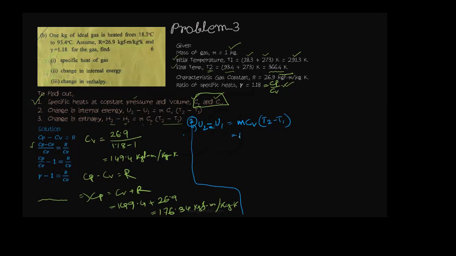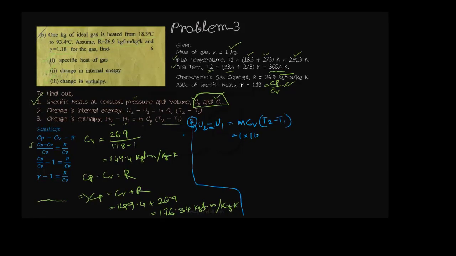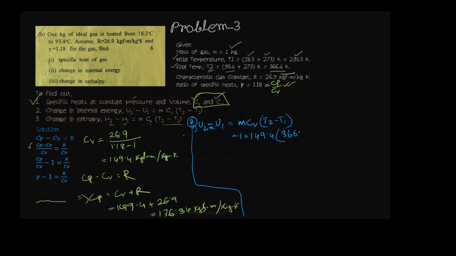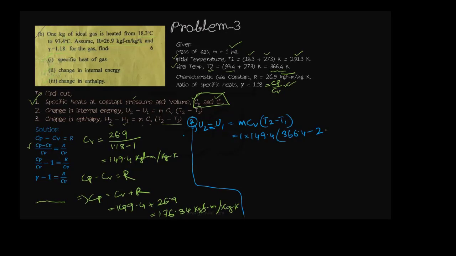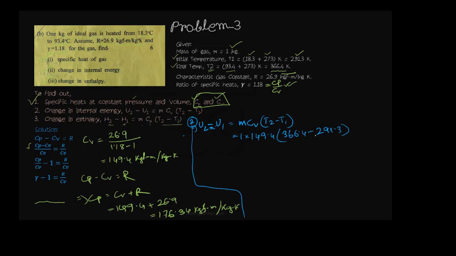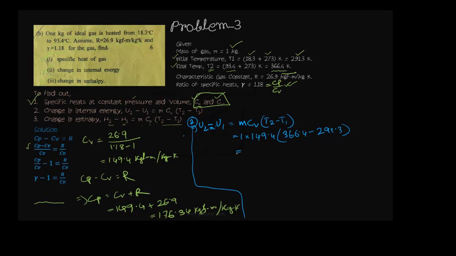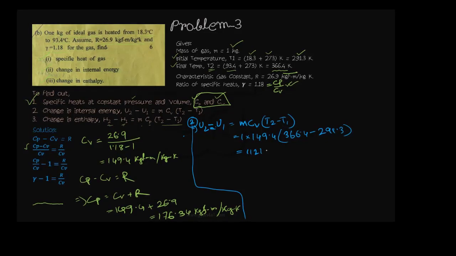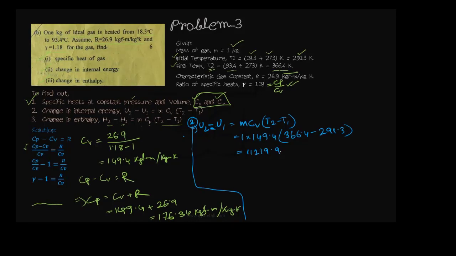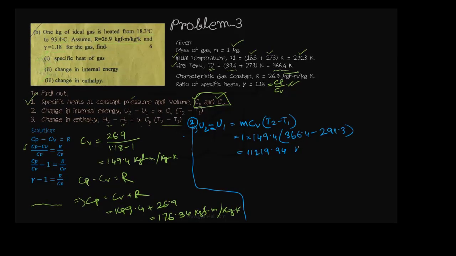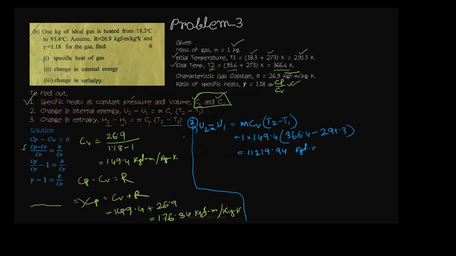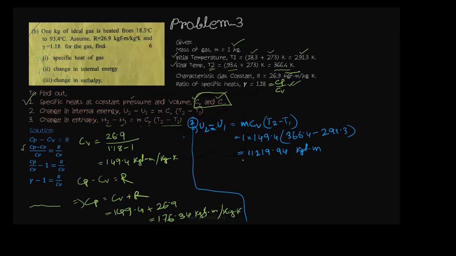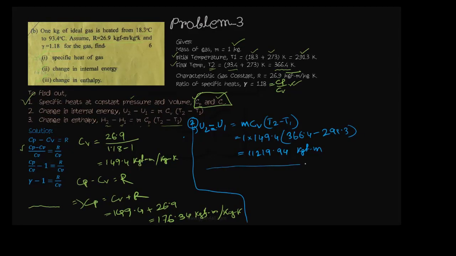So you can put the values: M equal to 1 into Cv is 149.4 multiplied by 366.4 minus 291.3, and it will be equal to about 19.94 kg force meter. So this is equal to this much.